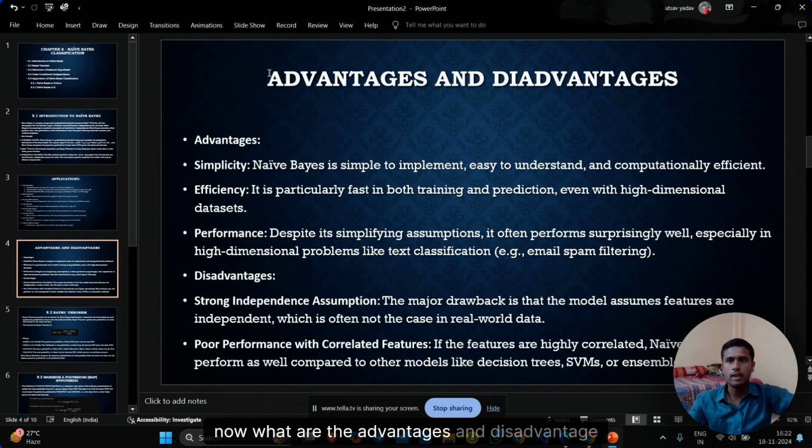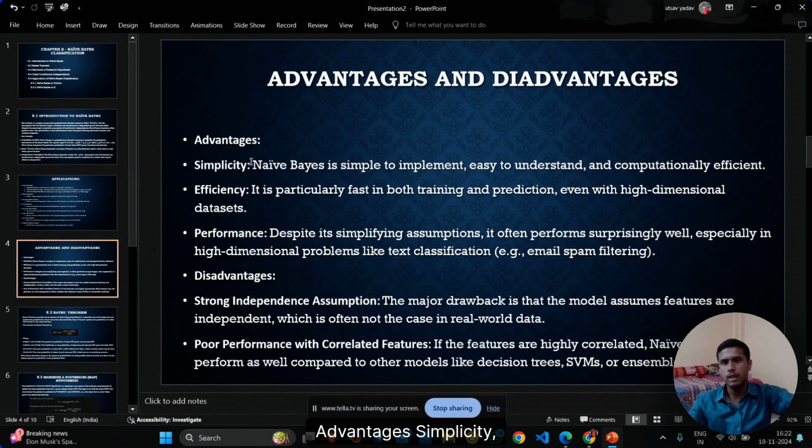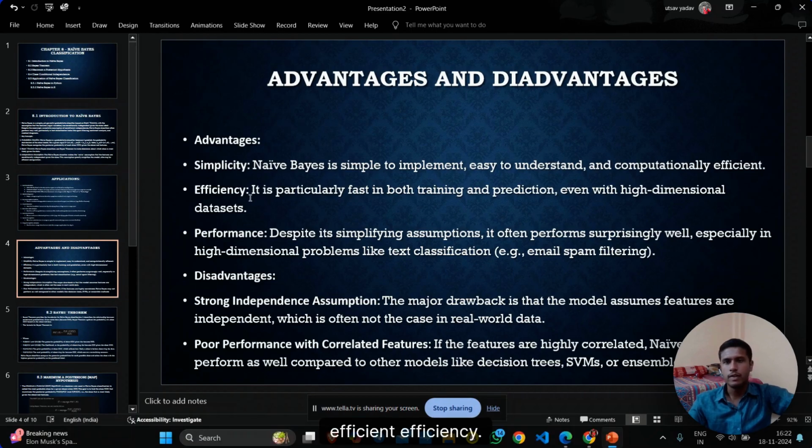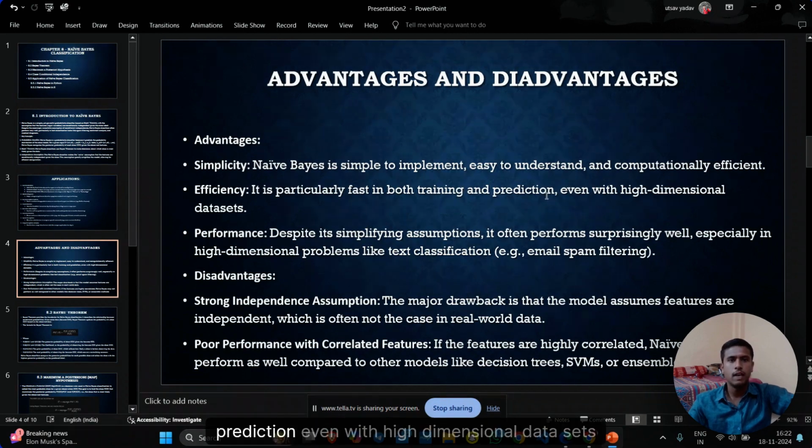Now, what are the advantages and disadvantages of Naïve Bayes classification? Advantages: simplicity, efficiency, and performance. Naïve Bayes is simple to implement, easy to understand, and computationally efficient. Efficiency: it is particularly fast in both training and prediction, even with high-dimensional datasets.